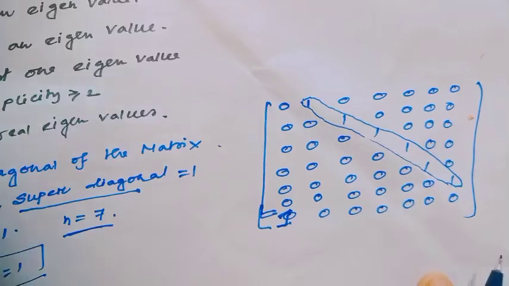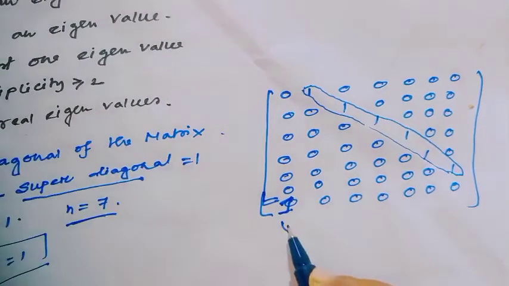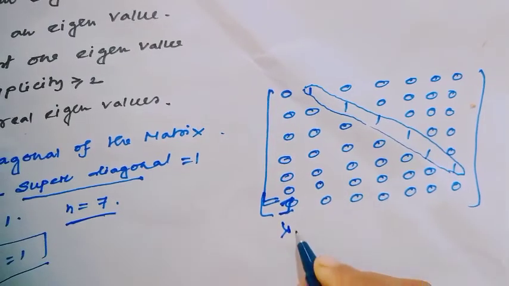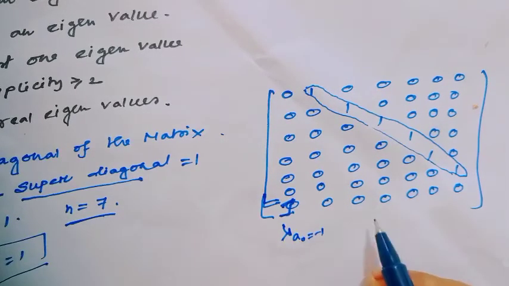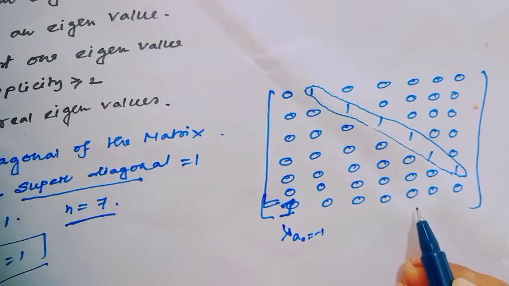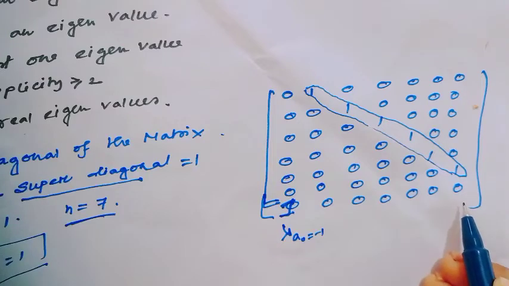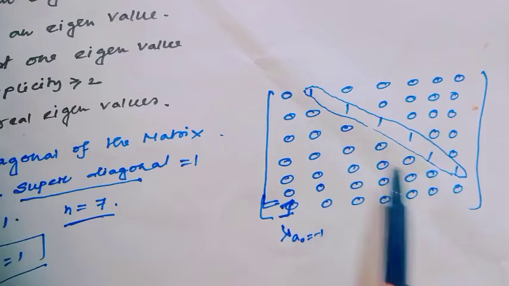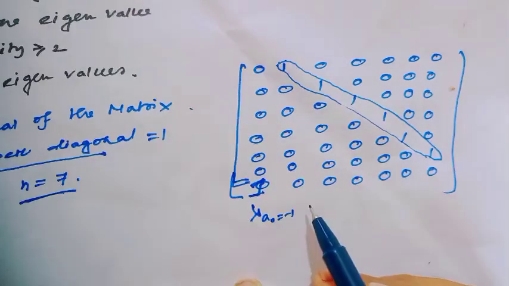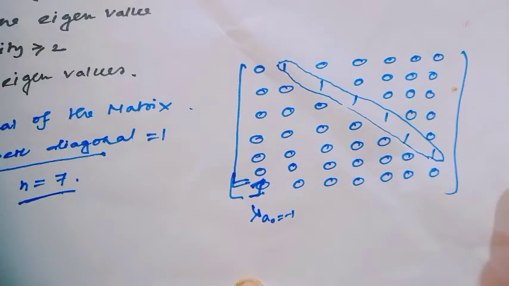Are you getting? Actually this is the transpose of a companion matrix, where a0 would be minus 1, and a1, a2, a3, a4, a5 and a6 would all be 0. Noticed? And the super diagonal here is 1.